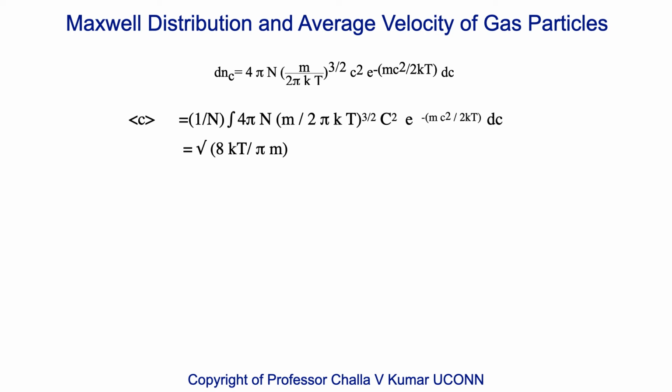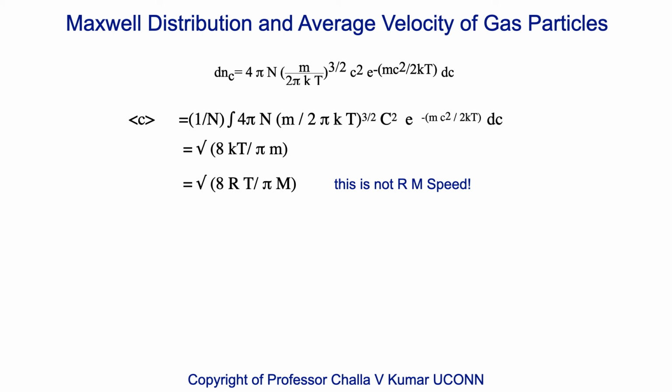I can manipulate this a little bit more and get RT instead of kT. Boltzmann constant k, when you multiply with Avogadro's number, you get R. So this is something we're going to do some other time, not at this point. So 8RT over pi M. Capital M in the bottom because Avogadro number multiplied by mass of a gas particle gives you the molar mass.